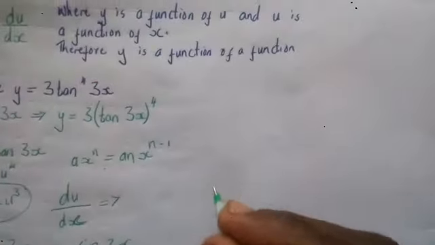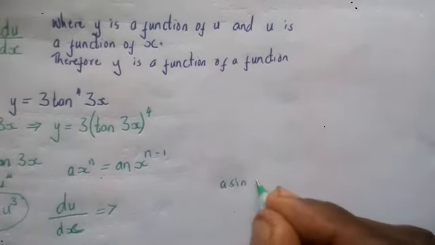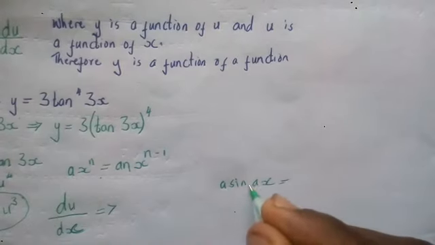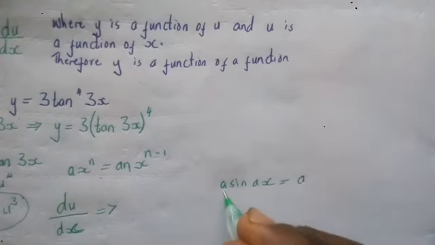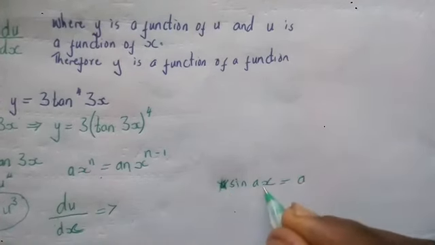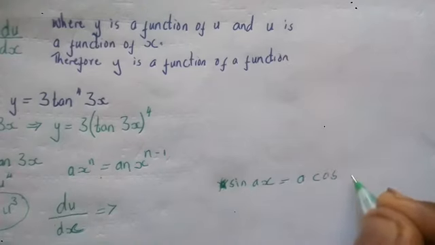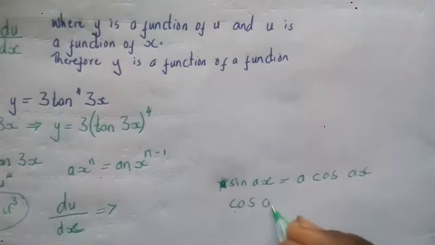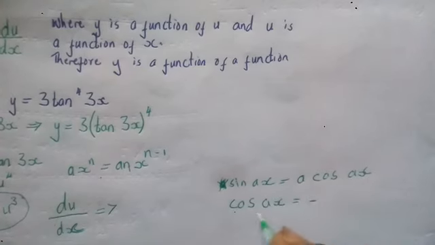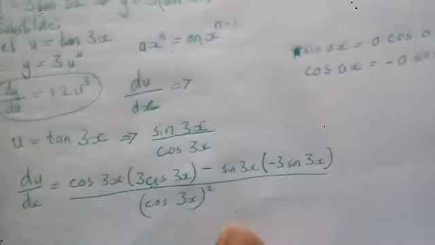You remember the rule: the derivative of sine ax is a cos ax, and the derivative of cos ax is negative a sine ax. You have to master this one in your head.